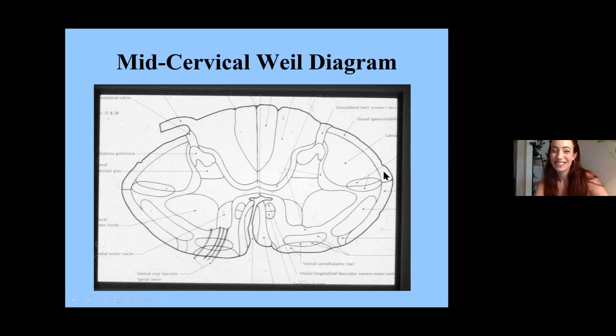And then, of course, we're in the mid-cervical cord. What we no longer have in the base of the dorsal horn is our friend, the nucleus of Clark. The nucleus of Clark started about L1. It persisted all through the thoracic cord, but then mysteriously around C8, all of a sudden, there's no more nucleus of Clark.